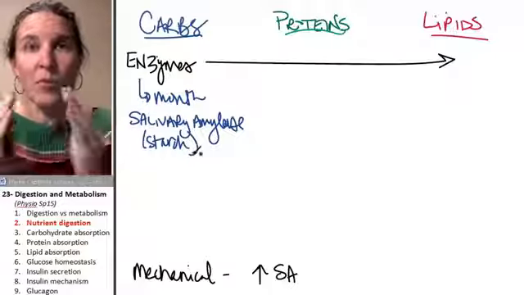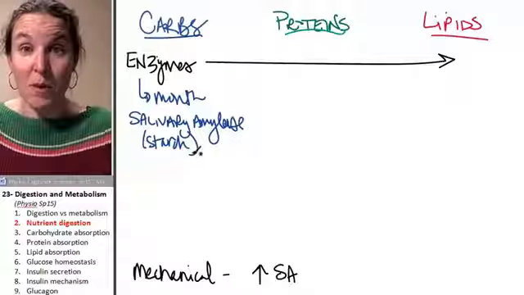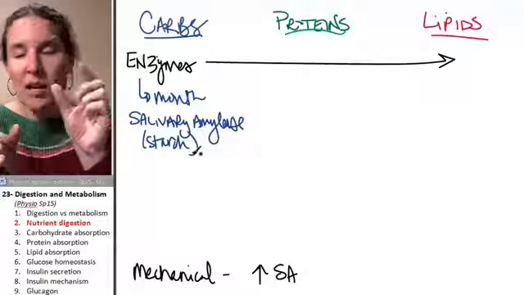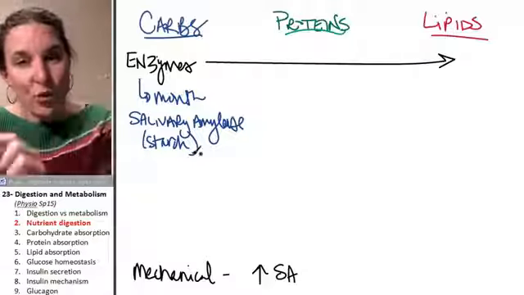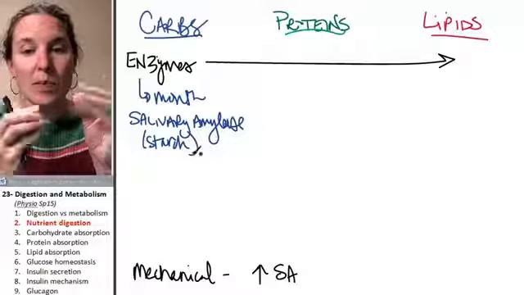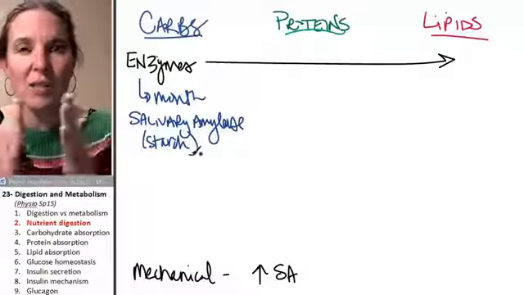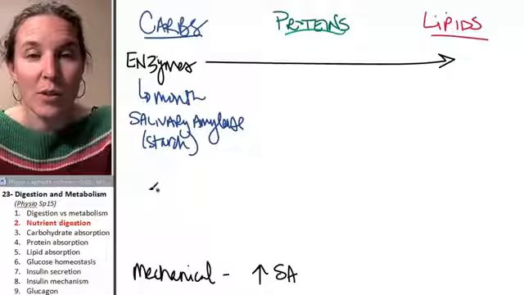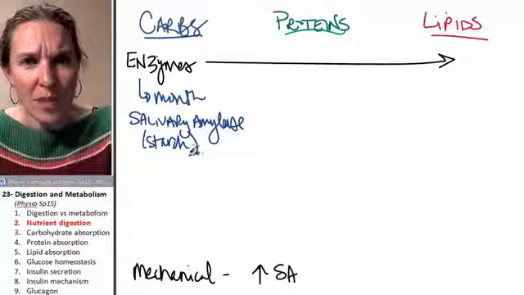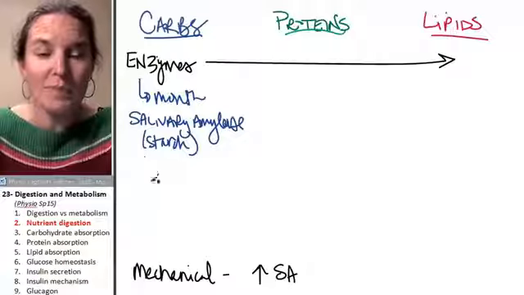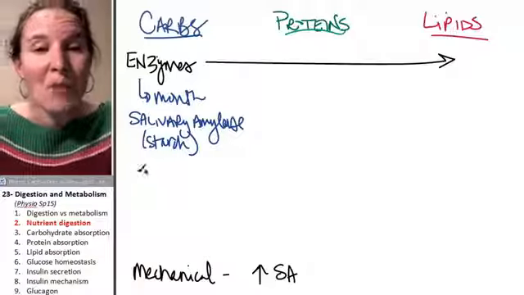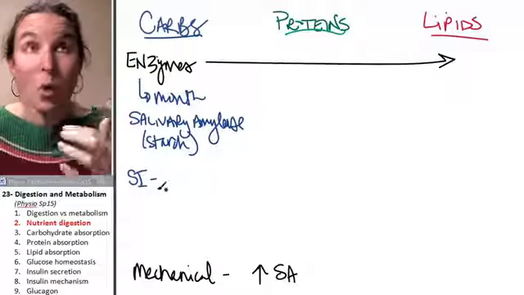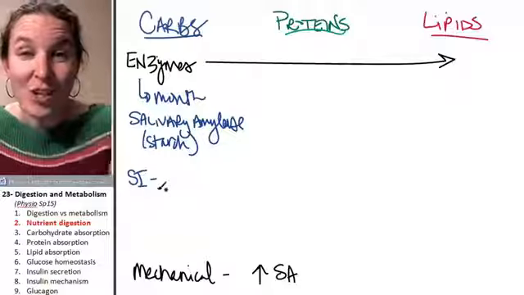Salivary amylase is going to break up starch molecules into smaller pieces, disaccharides or trisaccharides, smaller groups of glucose molecules, because starch is a big string of glucose molecules. Did I say that part yet? It begins in the mouth, but then in the small intestine, holy starch madness, holy carbohydrate digestion madness.